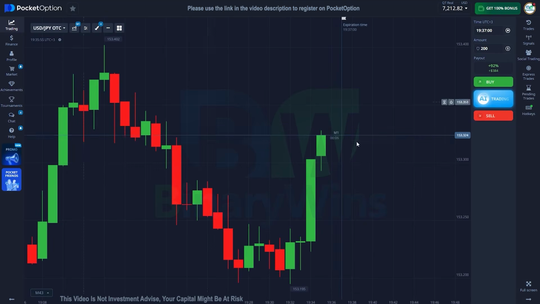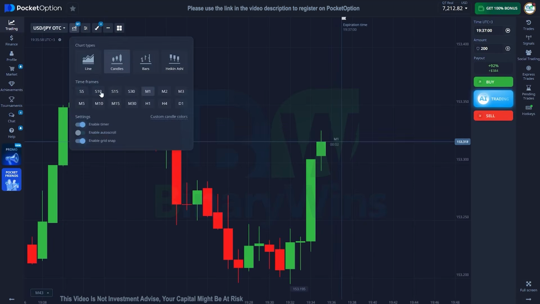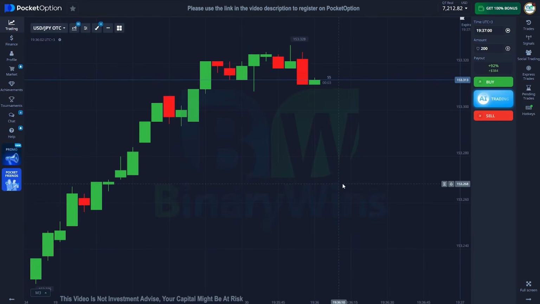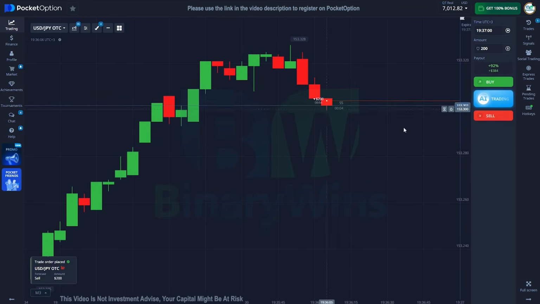Pay attention. Look here. I'm going to the 5-second time frame of the candles. You can see that I entered the lower trade after the first full candle was formed.